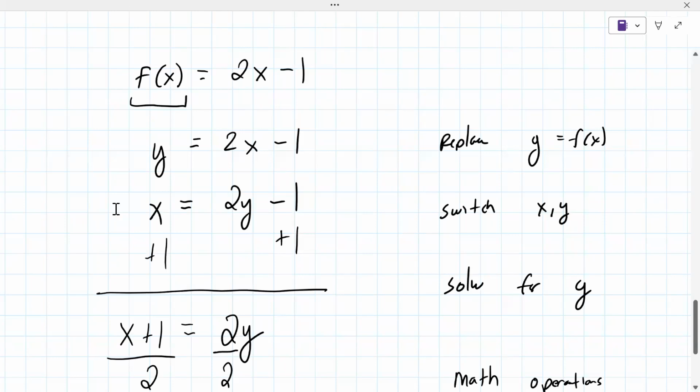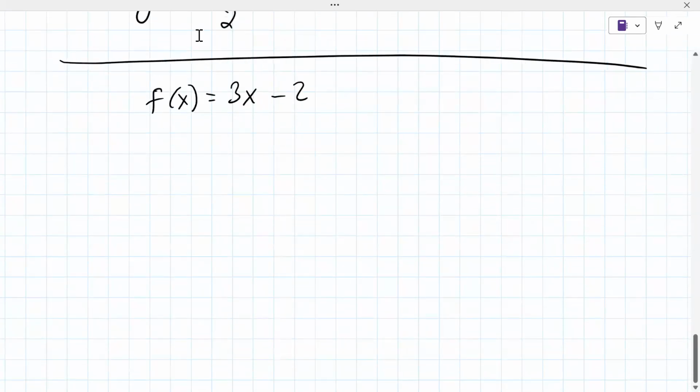What are we going to replace? We're gonna replace the y equals f of x. So instead of f of x, you're going to put a y here.